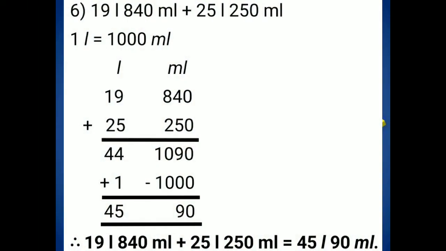Sum number 6, 19 liter 840 milliliter plus 25 liter 250 milliliter. Now 1 liter is equal to 1000 milliliter.